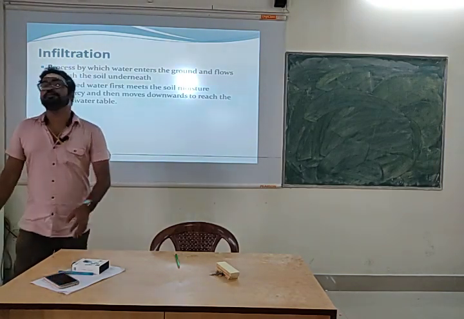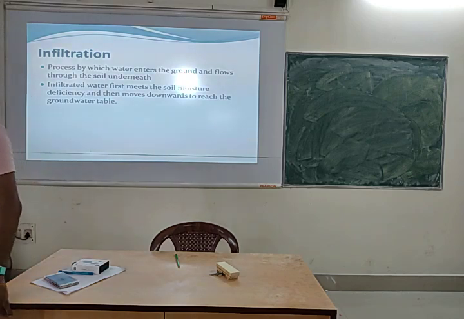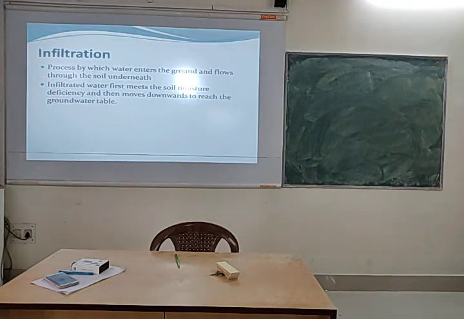Now, when we discussed the hydrological cycle, I told you that if the intensity of rainfall is not so high, then the water is soaked. Where is the rainfall going?